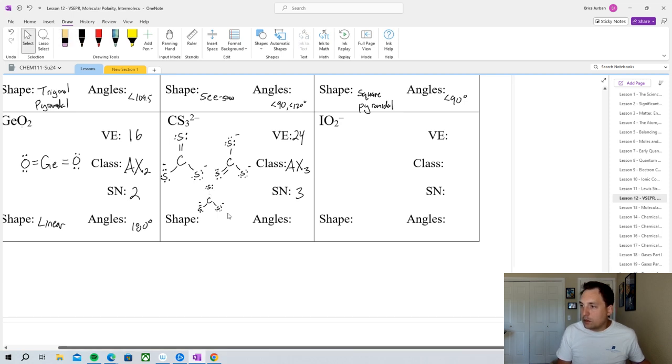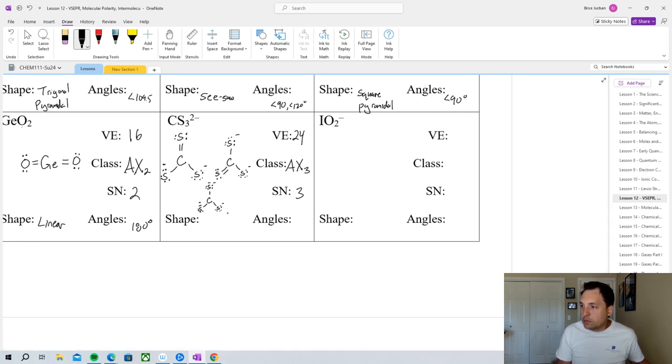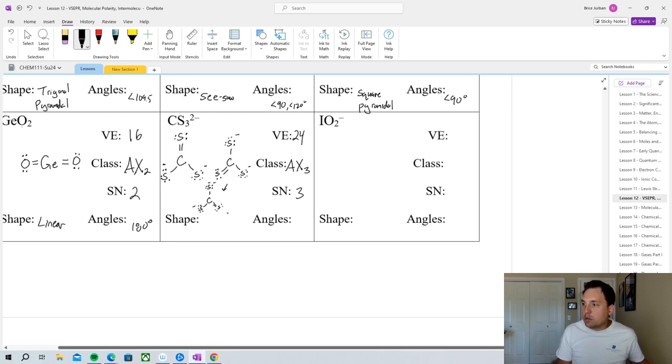And then this one here, just rotating each of these around. So resonance structure 1, 2, and 3.